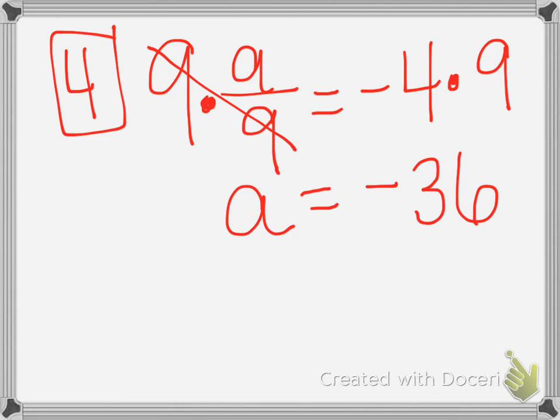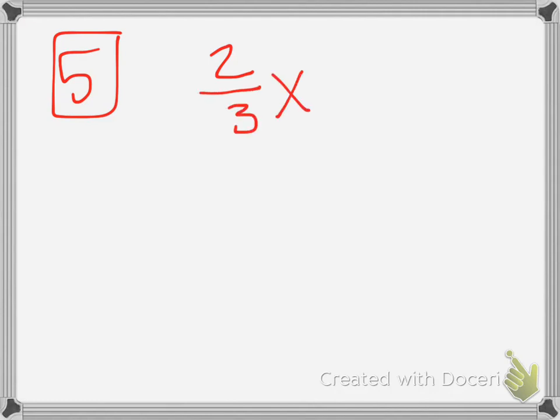Now for number 5. Number 5 says 2/3 x equals 10. Okay. Now, on the left-hand side of this paper, it says fractions. To get rid of a fraction, multiply by the reciprocal.